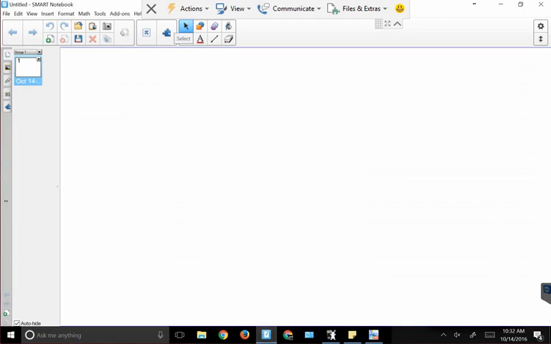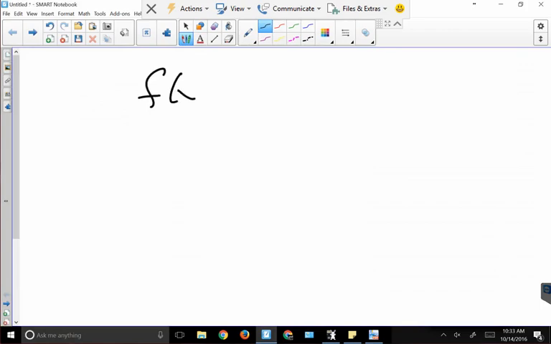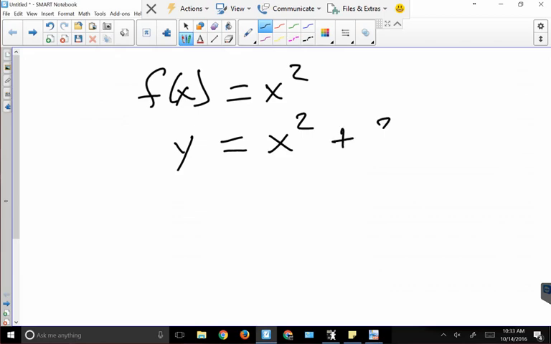If I have something along these lines, f of x is going to be equal to x squared. That is the same as y is equal to x squared, correct? Now, if I wanted to move it up, I could put, say, plus 2 over here, right?